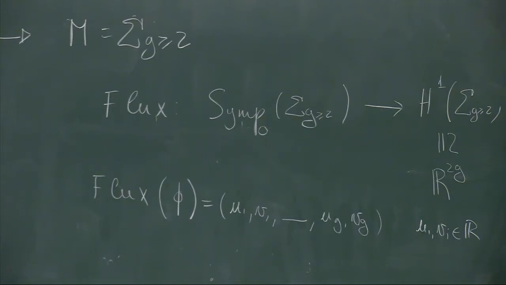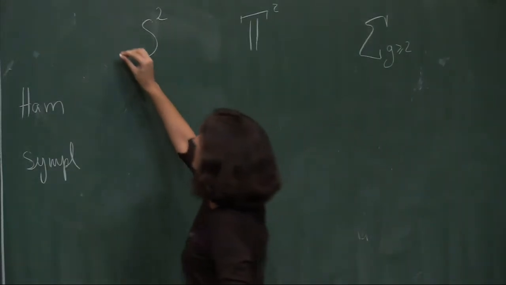Again, I'll distinguish these three cases: S^2, the two-sphere, the two-torus, and surfaces of genus G greater than or equal to 2. Let's see what we know in the Hamiltonian case, and eventually I'll call it the symplectic case, not Hamiltonian.